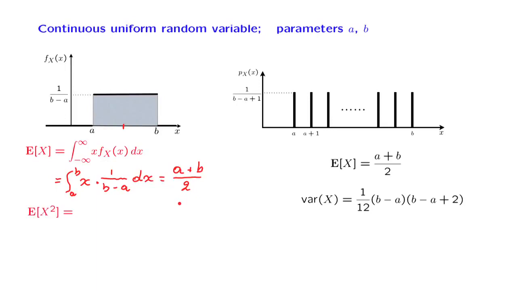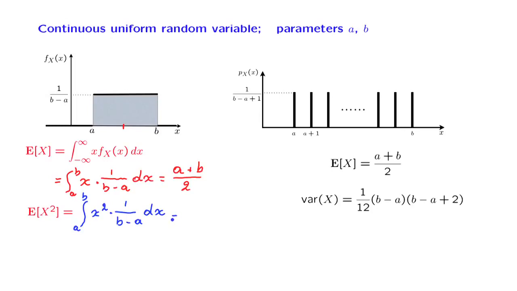We now continue with what is involved in the calculation of the expected value of the square of the random variable. Using the expected value rule, this is the integral of x squared times the density, but because of the same argument as before, we only need to integrate from a to b.